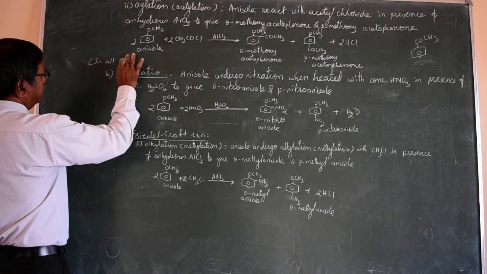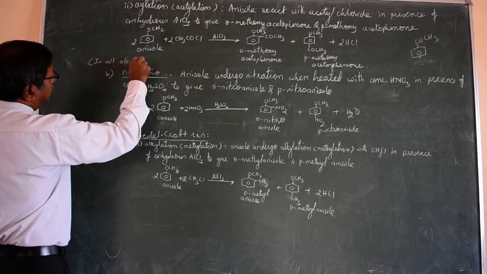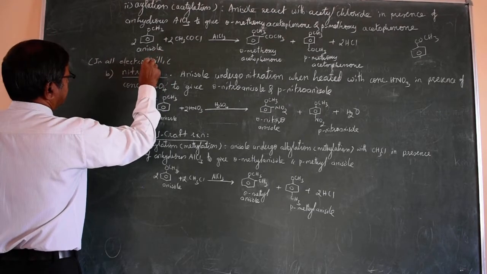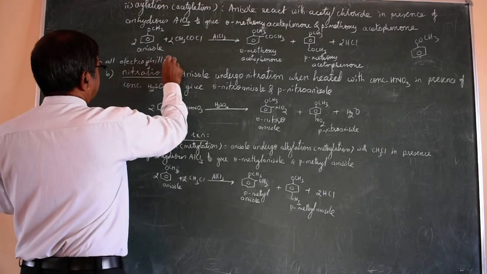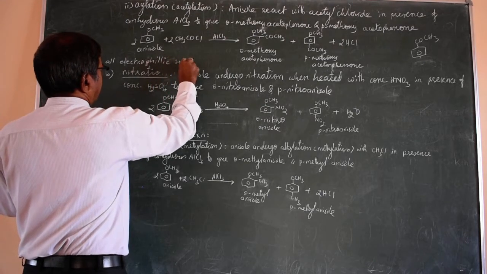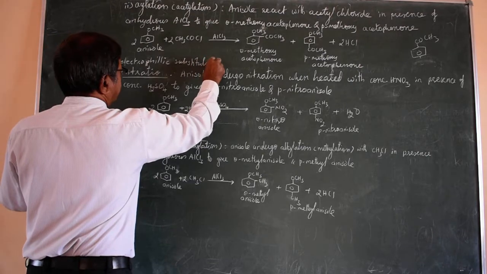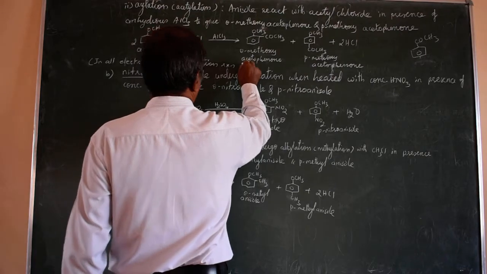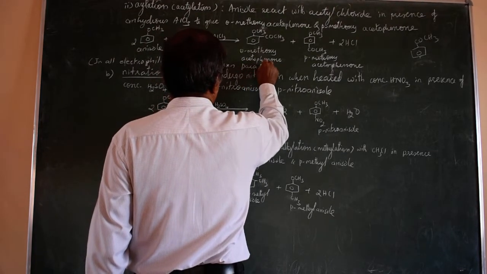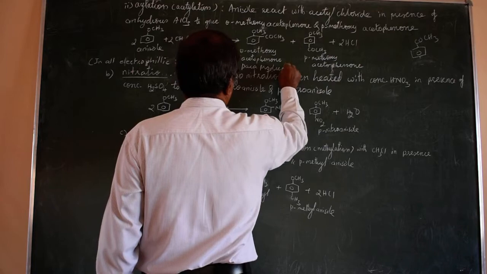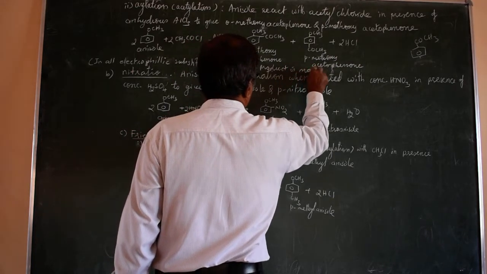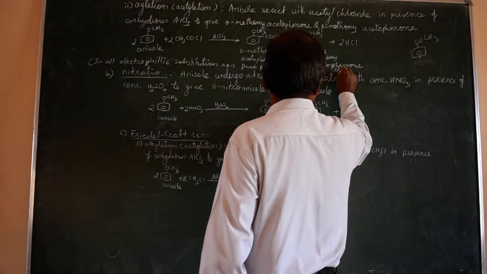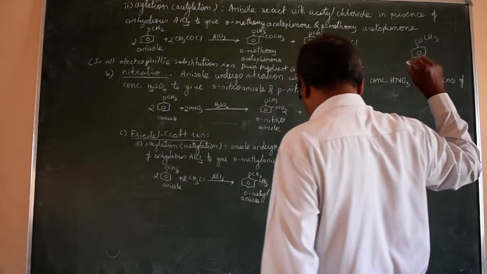In all electrophilic substitution reactions, the para product is major, then the ortho product.